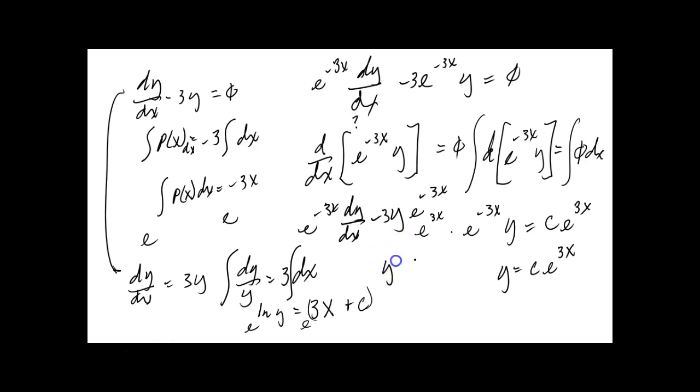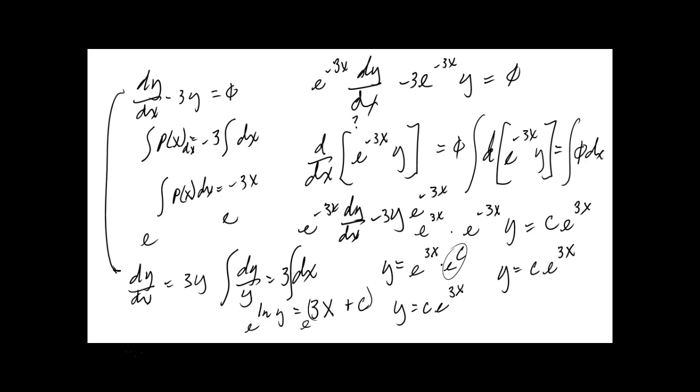This will be y is equal to e to the 3x times e to the c. Can't you do that? And e to the c is just some constant, so call it y is equal to c e to the 3x. Way easier to do it. Separation of variables, you get the same answer.